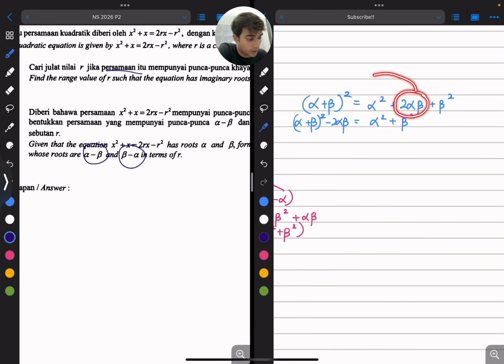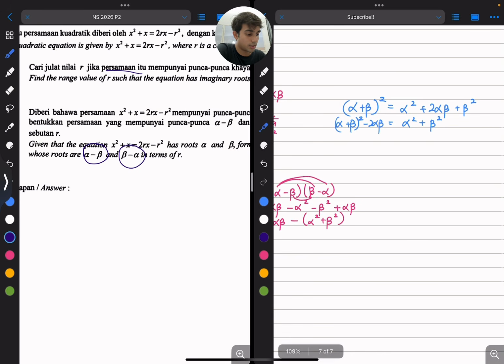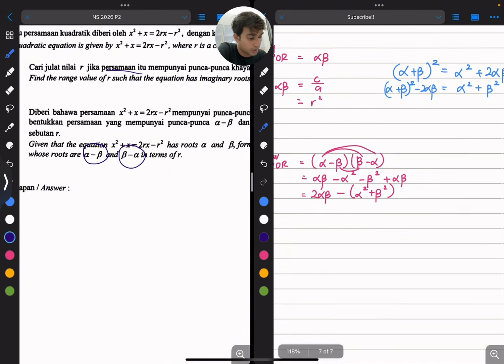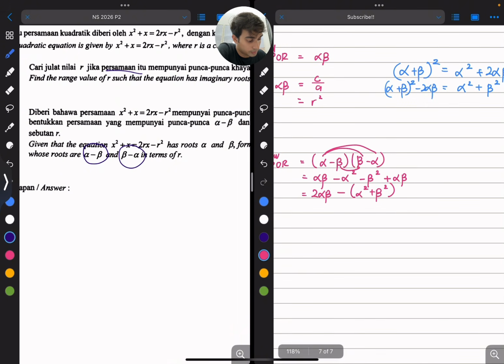With this one we throw it here, we can get alpha square plus beta square, which is what we want now. So you must do alpha plus beta square minus 2 alpha beta, like this. So I can write here 2 alpha beta minus alpha plus beta square minus 2 alpha beta.